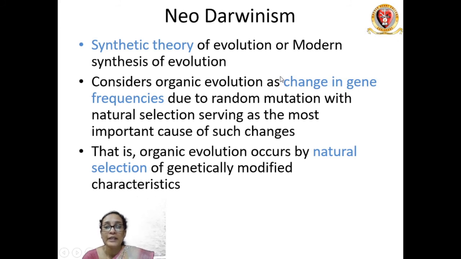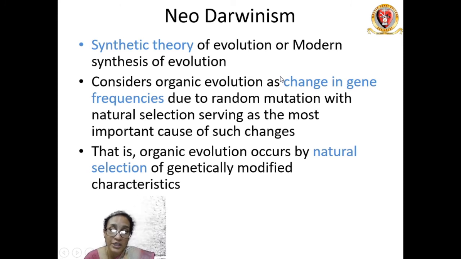But now, in the light of scientists uncovering the gene, and the one gene, one enzyme hypothesis, etc., neo-Darwinists try to explain Darwin's postulates as: organic evolution happens when there is a change in the gene frequencies.